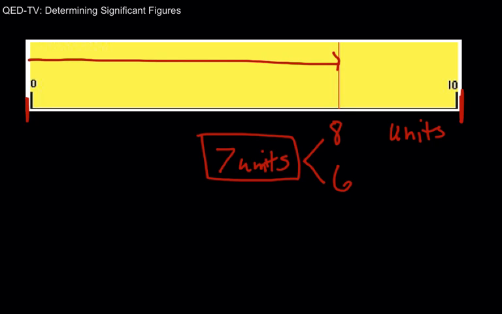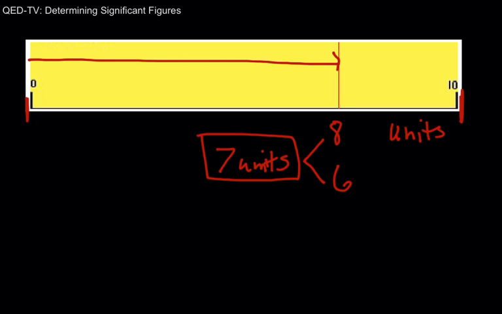And clearly you understand that the 7 is an estimated digit. So this is a measurement, 7 units. We'd say this line is 7 units long, and we understand in our mind that we're really saying it falls within a range between 6 and 8 units probably. And there's one significant figure in our measurement.